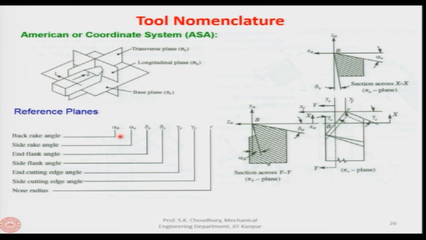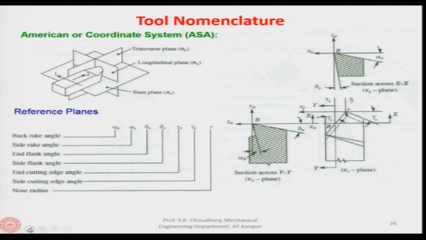Now, this is defined, as I said, in a certain sequence. In case of ASA, the sequence is like this, as it is given here. There is a back rake, side rake, end flank angle, side flank angle, end cutting edge angle, side cutting edge angle and the tool nose radius.